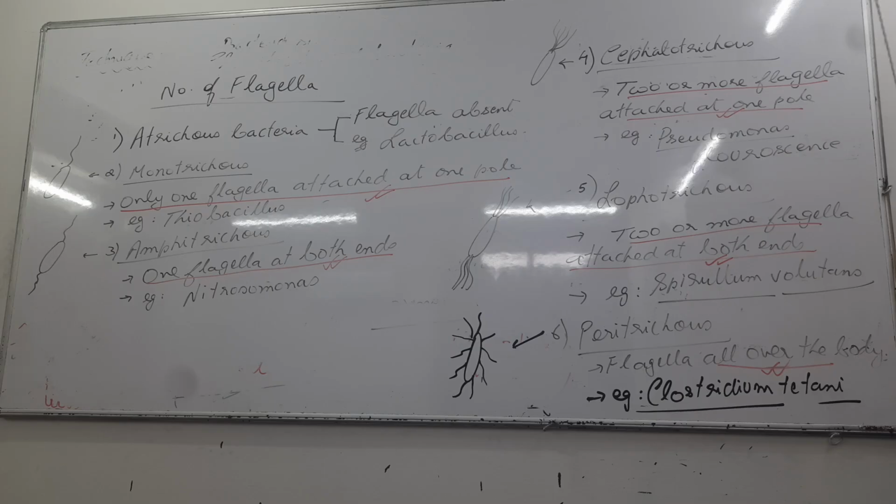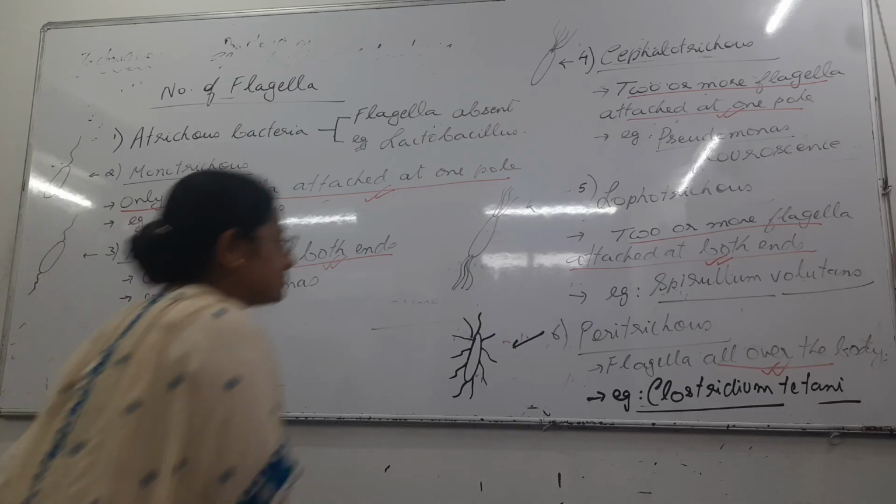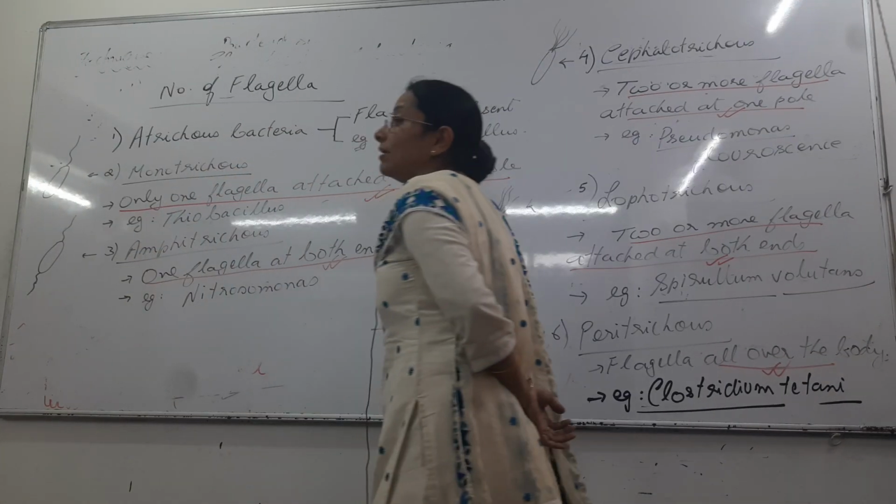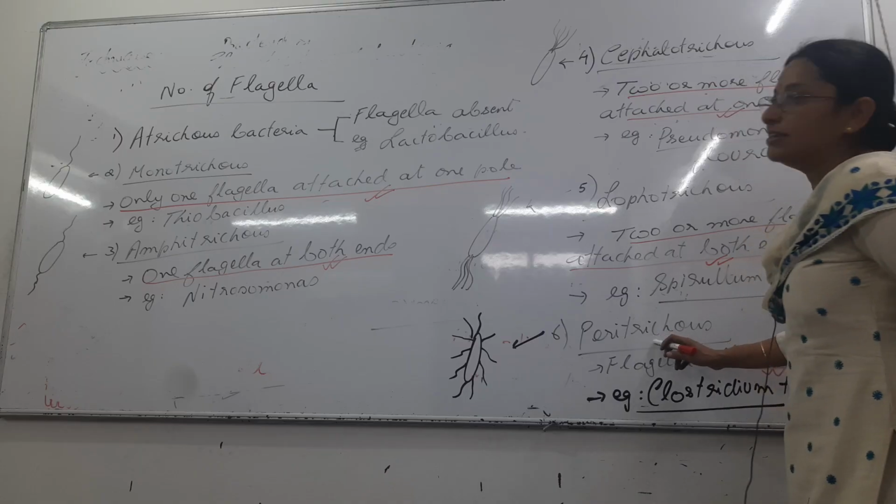Diagram, sentence, we have understood, right? So they can give the sentence and ask for the term, but to answer the term you have to know the sentence. For example, the question could be: a bacteria which has flagella all over the body is called, it is called peritrichous, right?